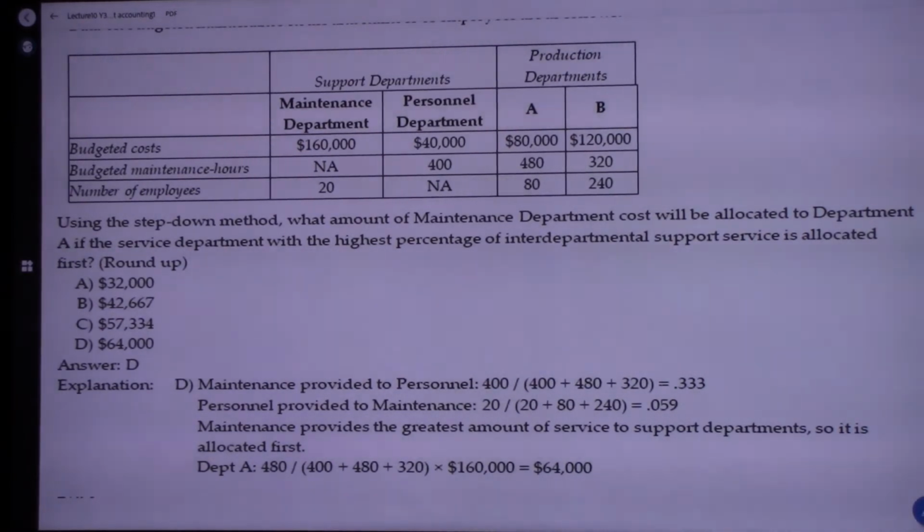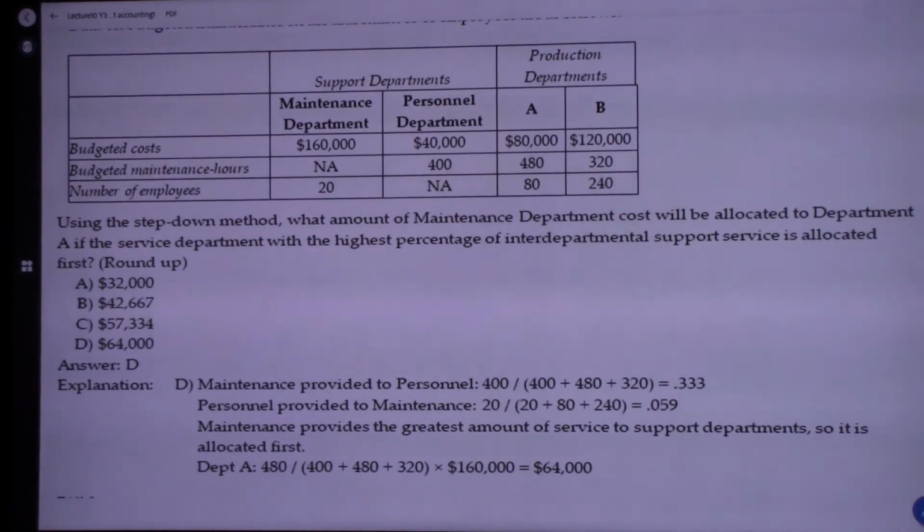To solve the example, we have to do two steps. The first step is to determine which support department has the highest allocation percentage. Then state the amount to be allocated from the maintenance department to production department A. Again, to solve the example, I will first determine which support department has the highest percentage.